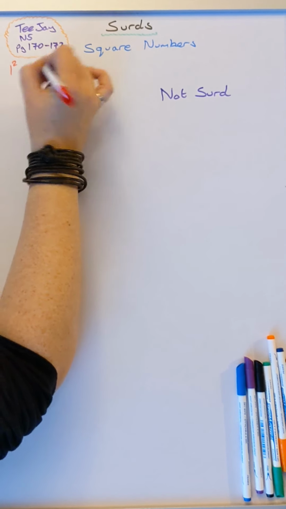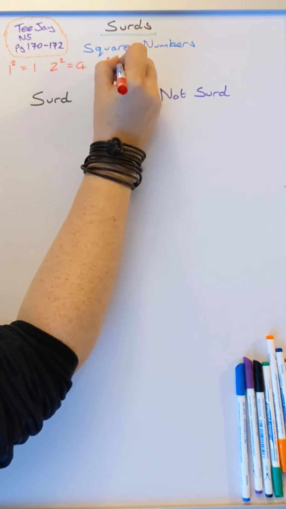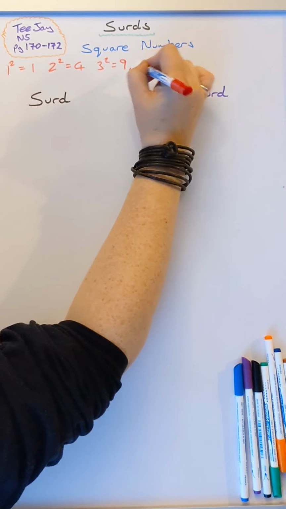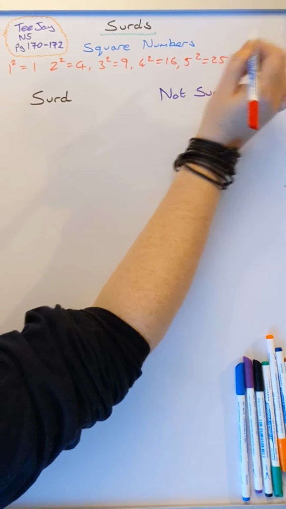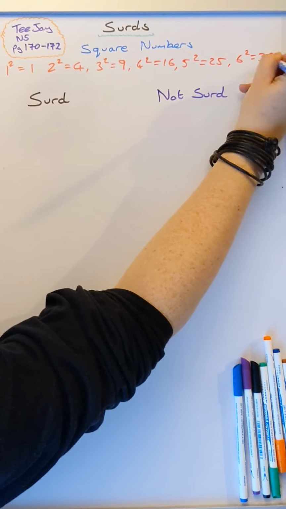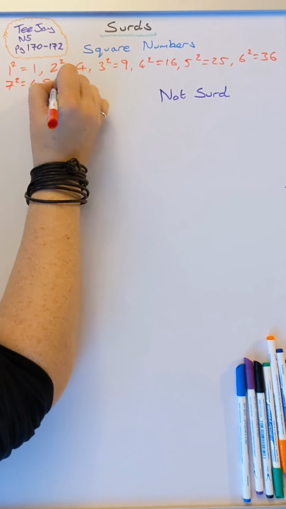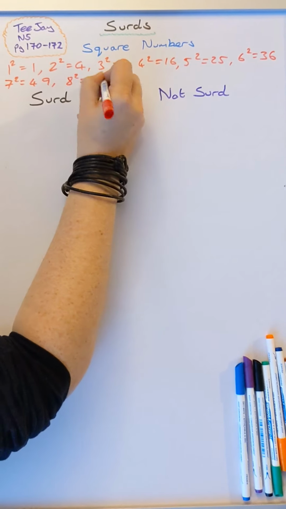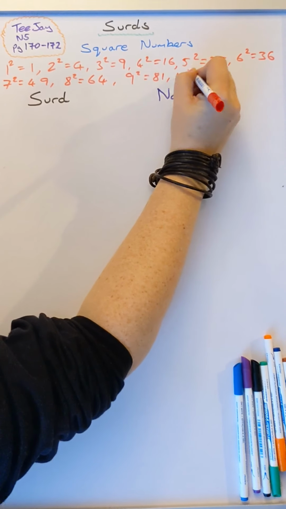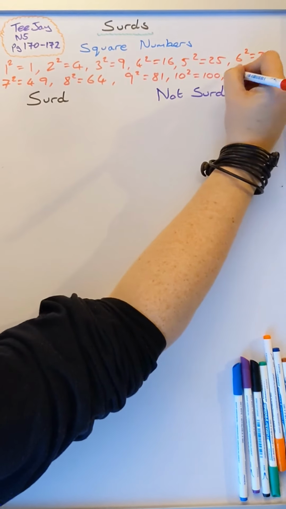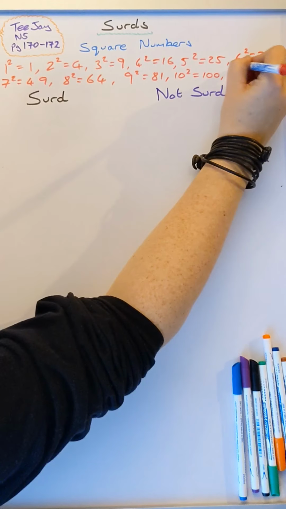1 squared is 1, 2 squared 4, 3 squared 9, 4 squared 16, 5 squared 25, 6 squared 36, 7 squared 49, 8 squared 64, 9 squared 81, 10 squared is 100, 11 squared is 121.